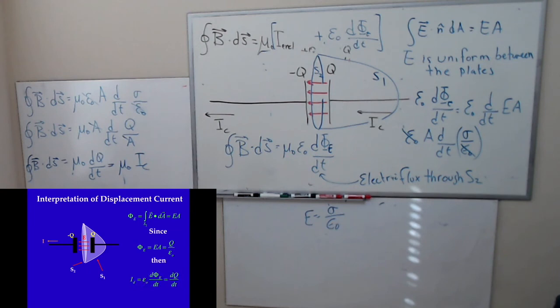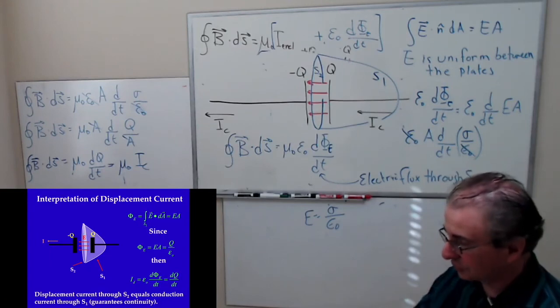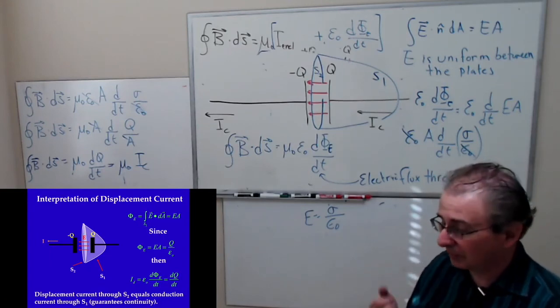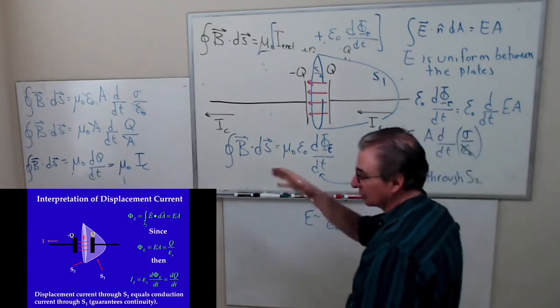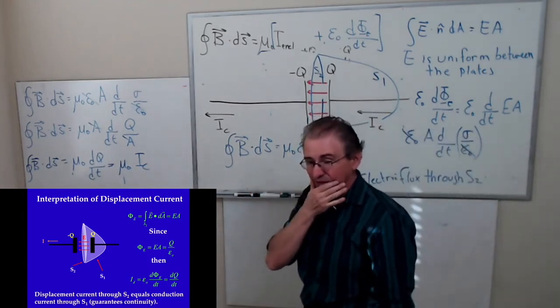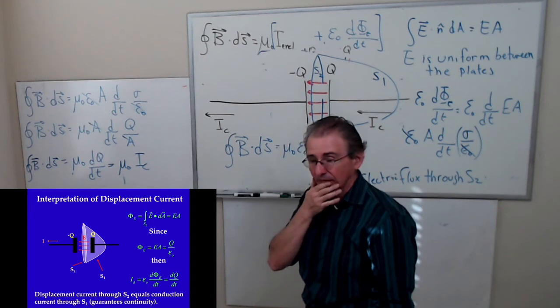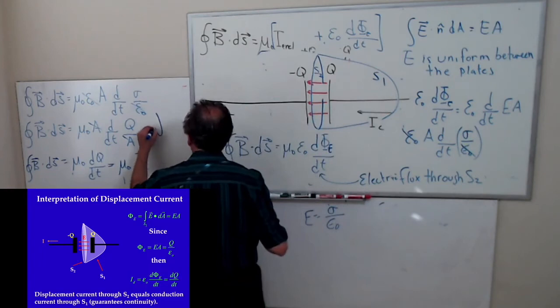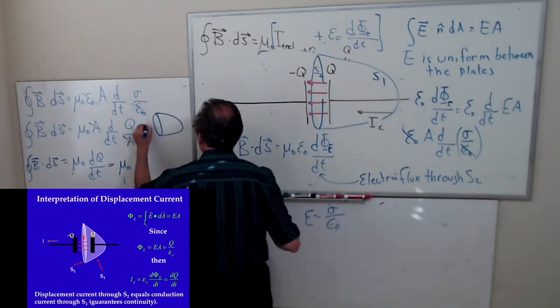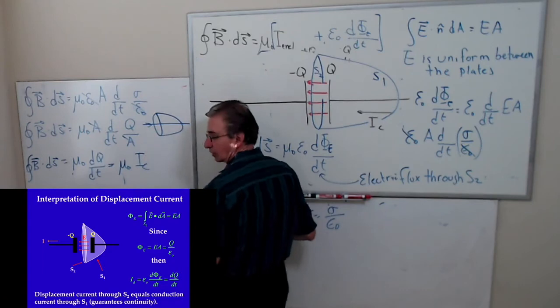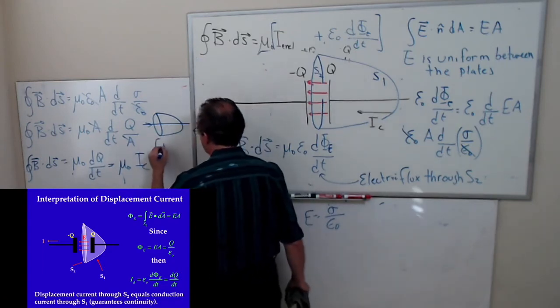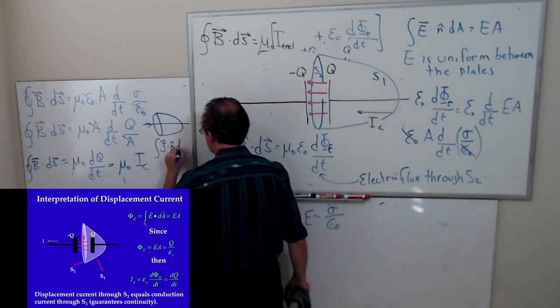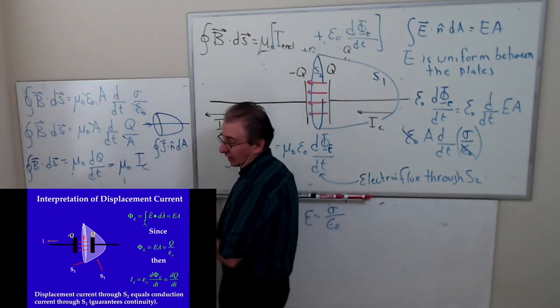I have this worked out in your notes. So the displacement current is equal to the current through S1. This guarantees what's called continuity, meaning that whatever goes into a surface has to come out of the surface. Remember the discussion I said before that if I have a current going through a closed surface, the integral of J dot n dA or dS over the closed surface is 0 unless I have a source there.